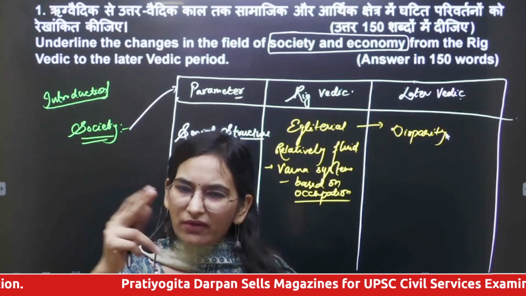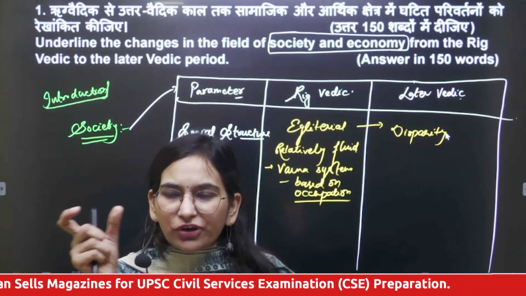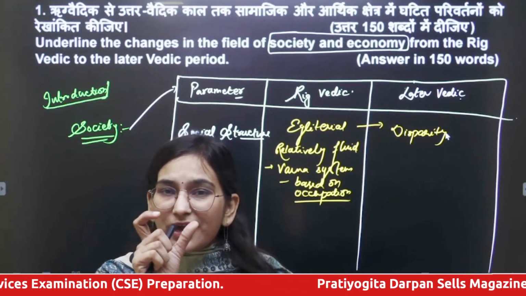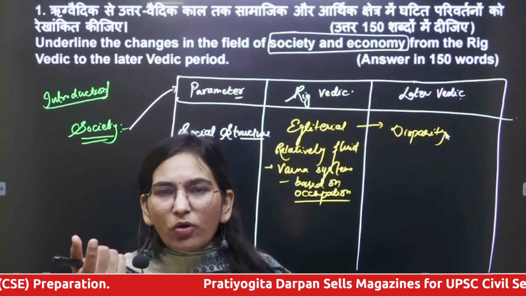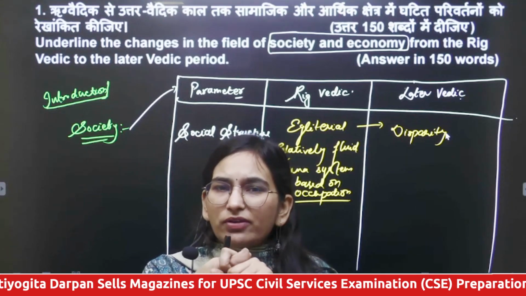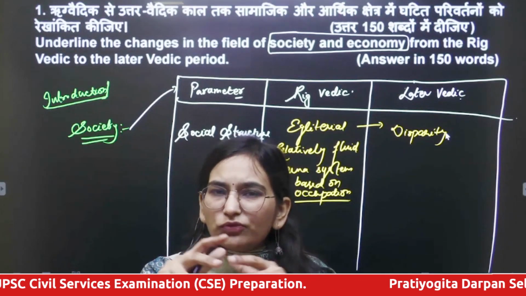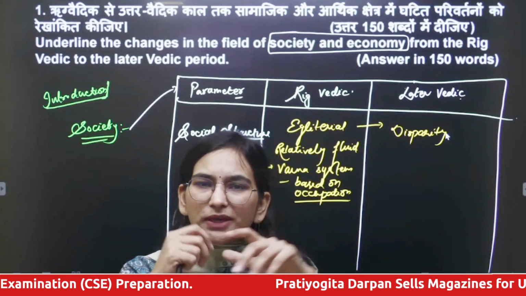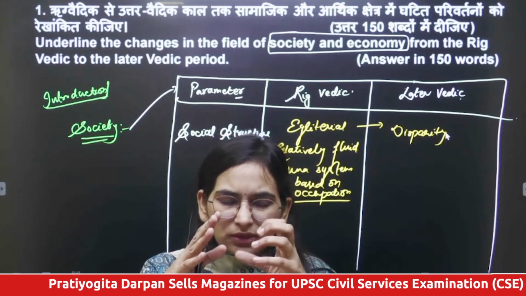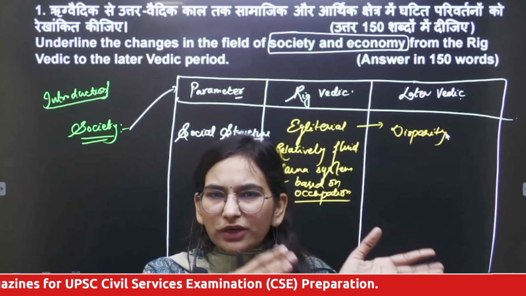This surplus would be leading to what? Trade and commerce, but the surplus was not for everyone. The one who would be having greater control over the resources, be it land, fertile agricultural land, or weapons, particularly iron, would have more access to iron. They would have more fertile land and be able to clear more forest, leading to higher production, and that would lead to inequalities and disparities. But it is not like what we have seen in the Gupta era; we have to compare Rigvedic to later Vedic.